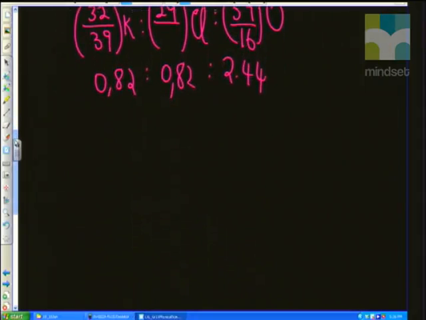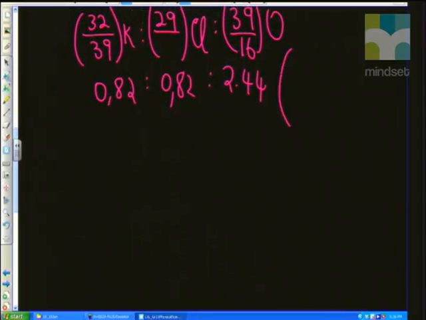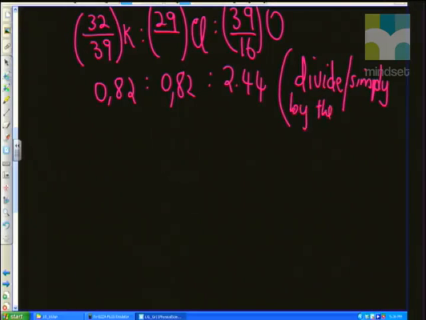Now, for us to find the empirical formula, you simplify. To do that, you divide by the smallest value in your ratio.